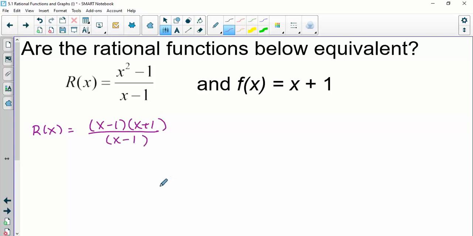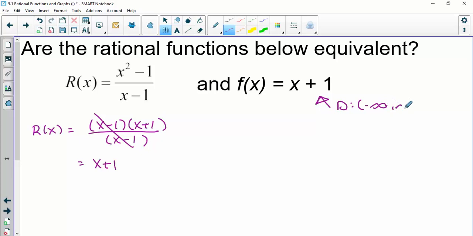And what happens there? And we get x plus 1. So do you think they're equivalent? Looks like it. They reduce to the same thing.